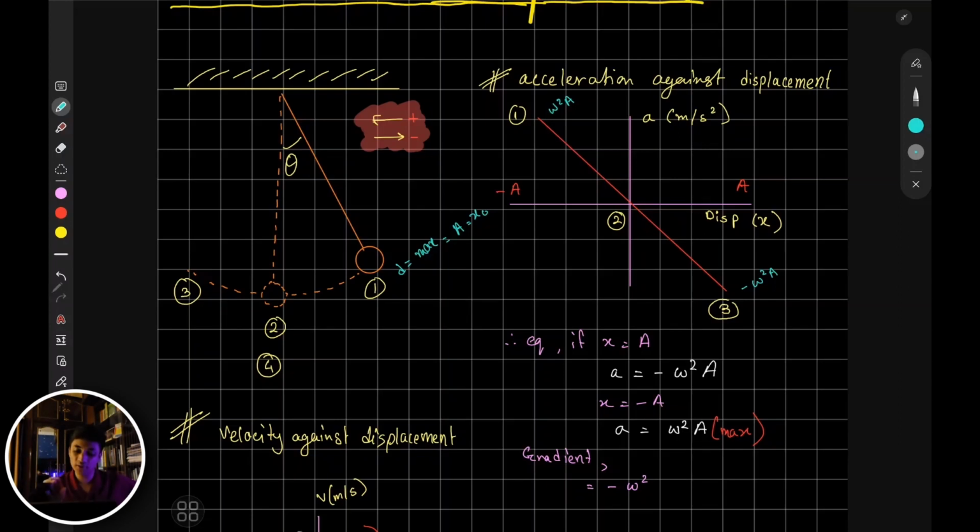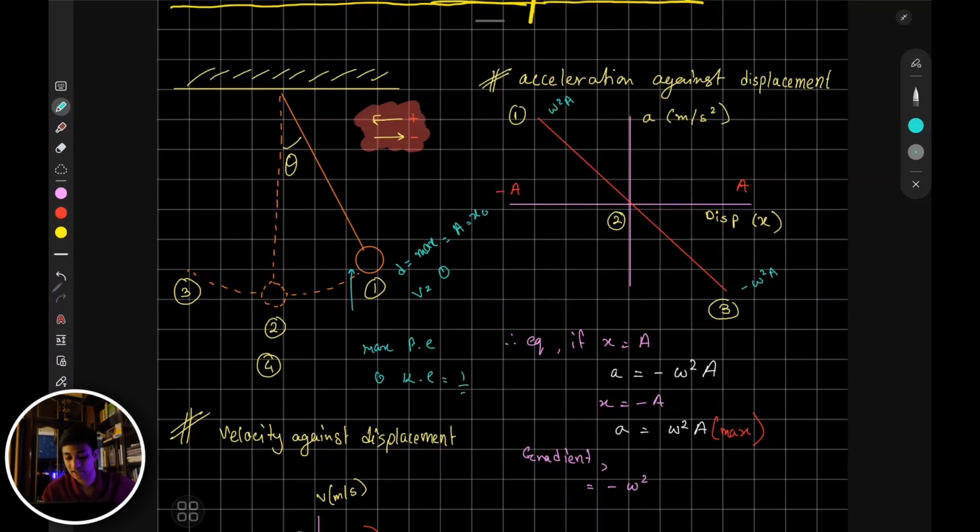Now when the displacement is maximum, the velocity is 0. Why? Because at position 1, the bob is instantaneously at rest. When it rises to the top, it has max PE, potential energy, and 0 KE, kinetic energy.